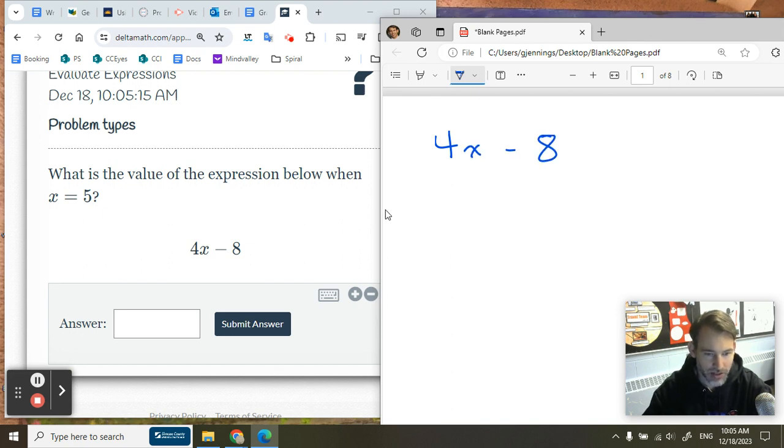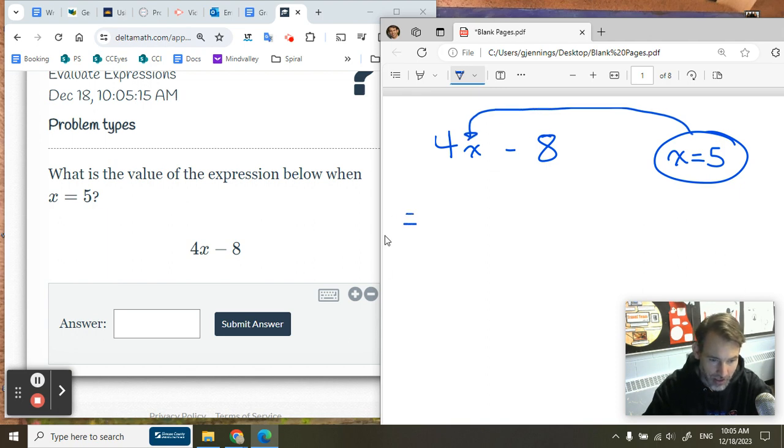Then I'm given this extra piece of information, x equals 5. All that means is wherever you see x in your expression, you put 5. So we're just going to put 5 there: 4 multiplied by 5 minus 8.